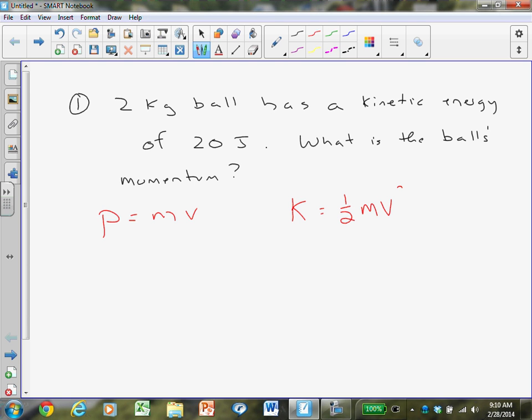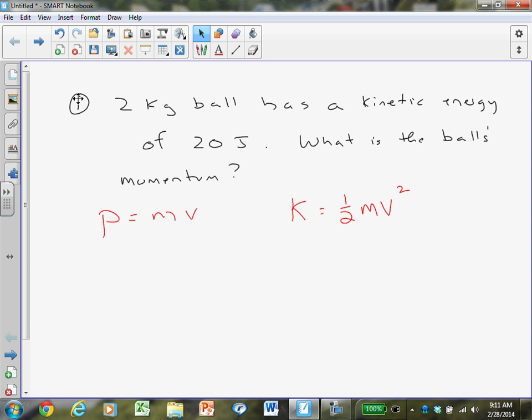Now in this case, it didn't talk about a change in momentum or a change in kinetic energy. It just simply said at an instant, we want to know at this instant what is the ball's momentum. You were given kinetic energy. So now I have these equations. What would I do first?